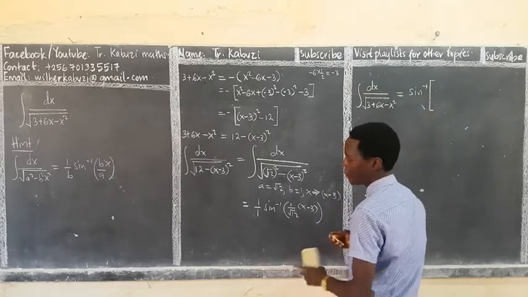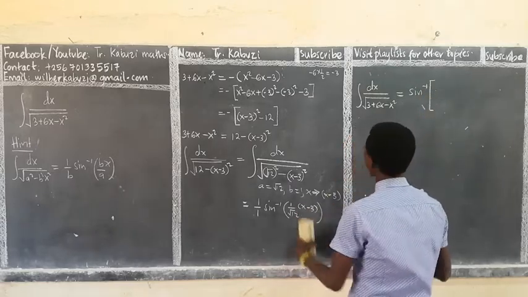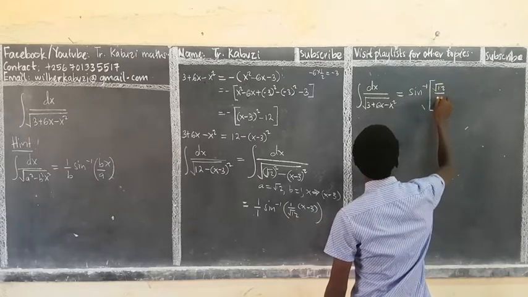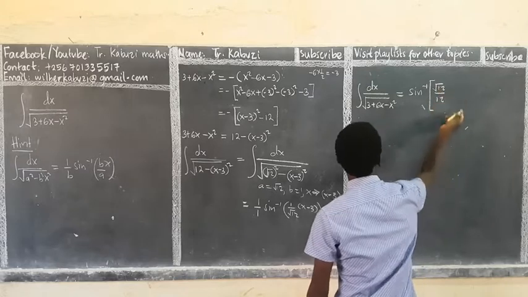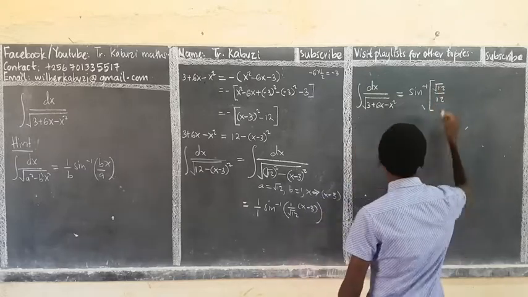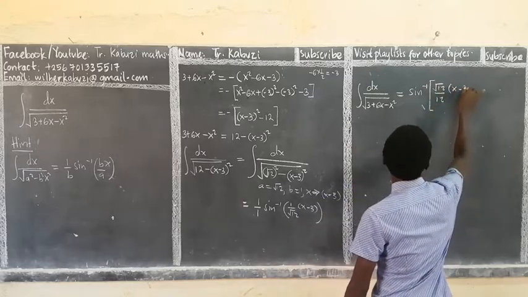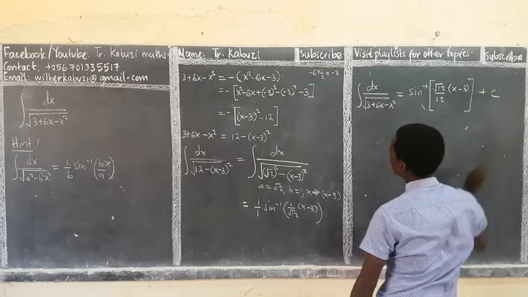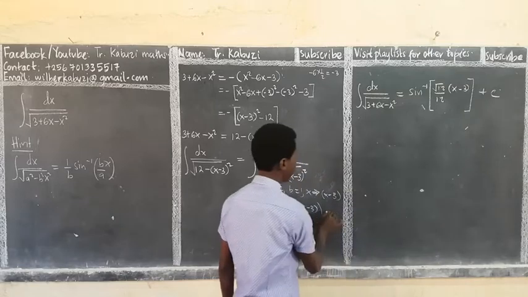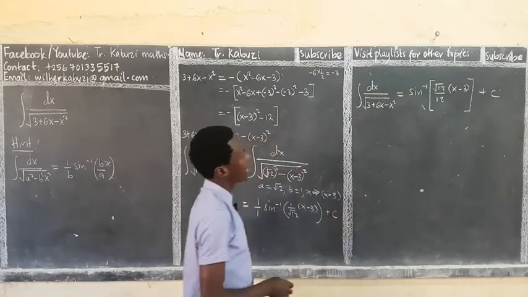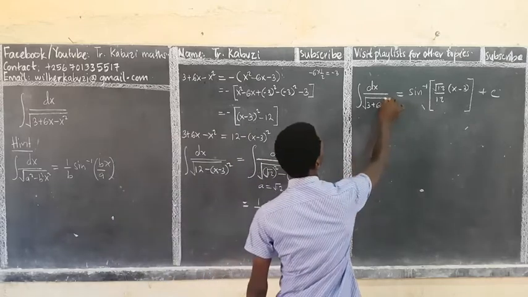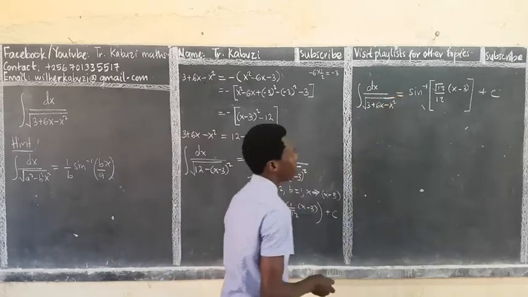You can rationalize if you want, by multiplying it up and down. So we have root 12 over 12, which you can see a square number there, but that's not the order of the day. So x minus 3, the whole of that, then plus our constant of integration, which we can also add there. So now that's how we can handle that integral.